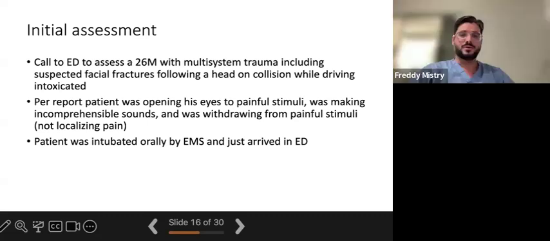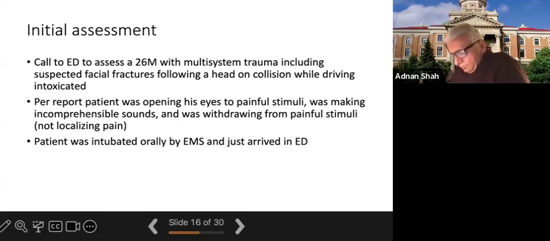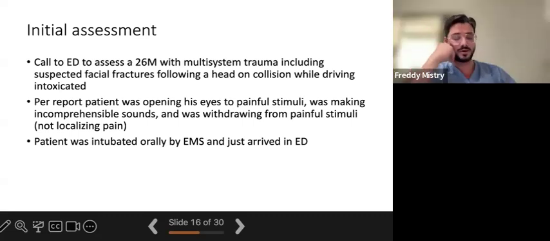So opening his eyes to painful stimuli, I guess that would be 2 for the eye. Incomprehensible sounds would also be 2, if I'm not wrong. You're right.